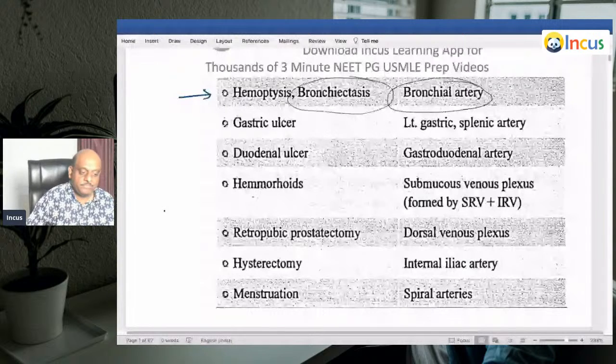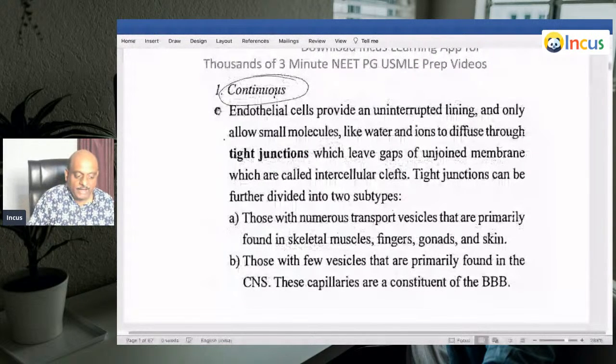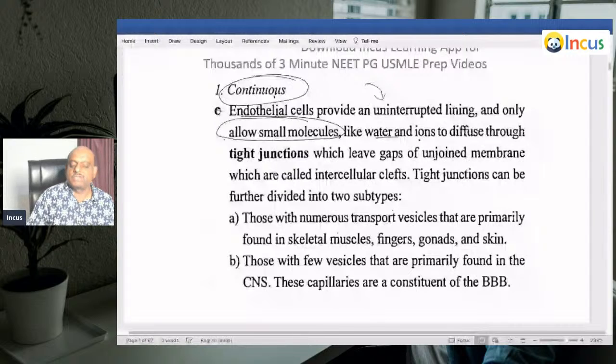Capillaries can be continuous capillaries, where the endothelial cells provide an uninterrupted lining and only allow small molecules like water and ions to diffuse through the tight junctions. Then these can in turn be divided into two subtypes.